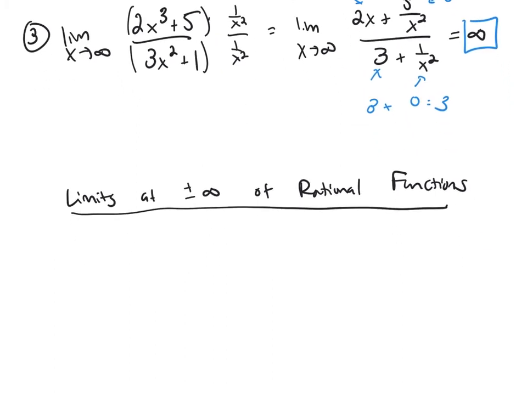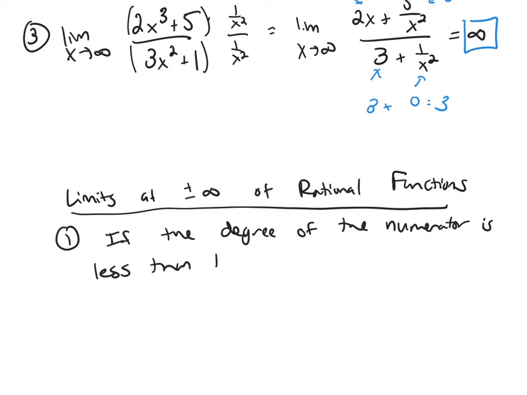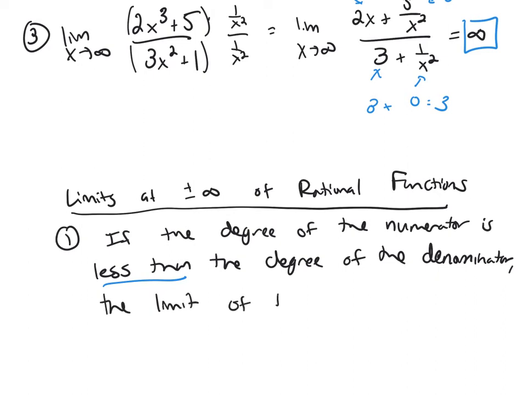So in the first example, we learned that if the degree of the numerator is less than the degree of the denominator, the limit of the rational function is 0.